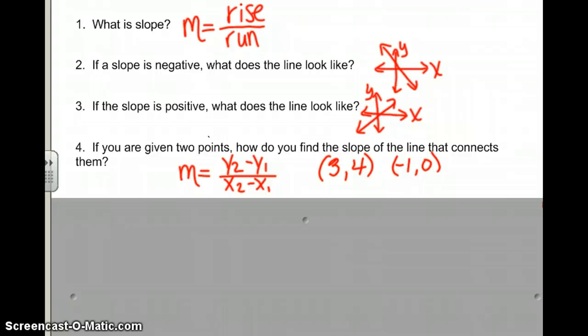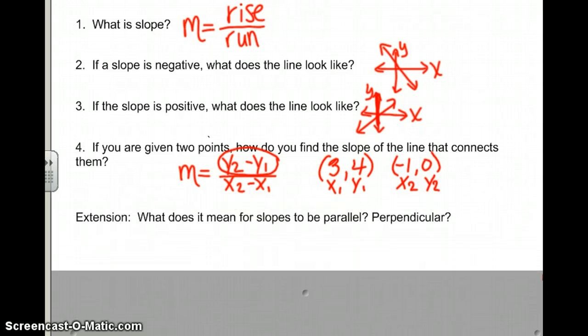Then point 1 is x1, y1, and point 2 is x2, y2. Just don't forget when you are using the slope equation, it is rise over run. So rise would be that change in your y values, because remember your y-axis is this one going up and down over here.